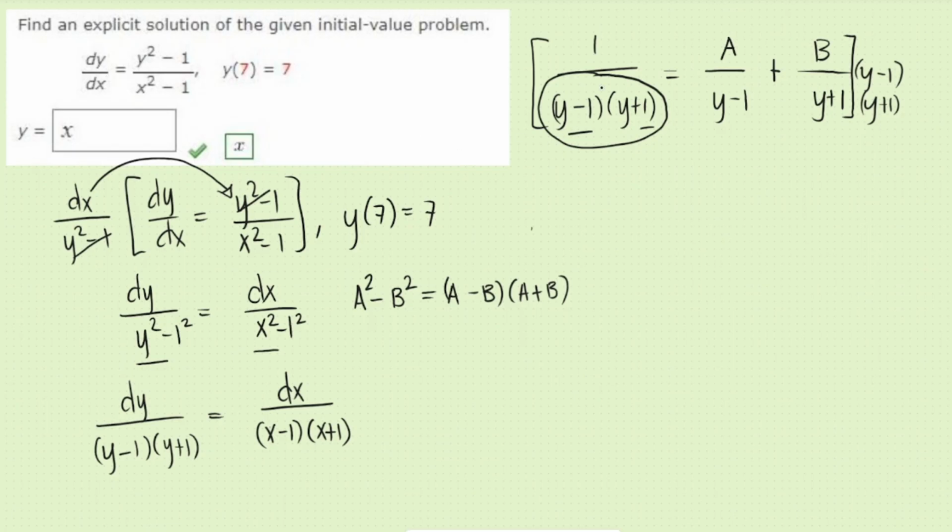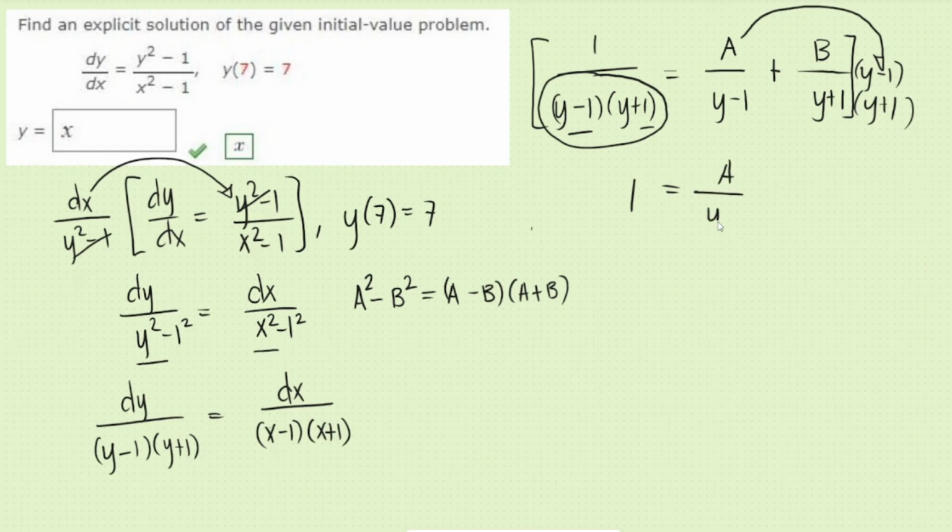So we have this expression, 1 over y minus 1 times y plus 1, multiplied here, so that this will cancel out, right? And this too. So we now have 1 here in the left-hand side of the equation, and we multiply this to here, a over y minus 1 times y minus 1 times y plus 1.